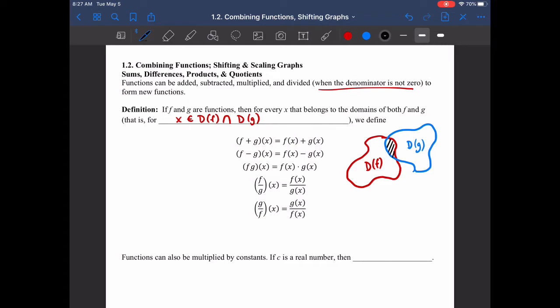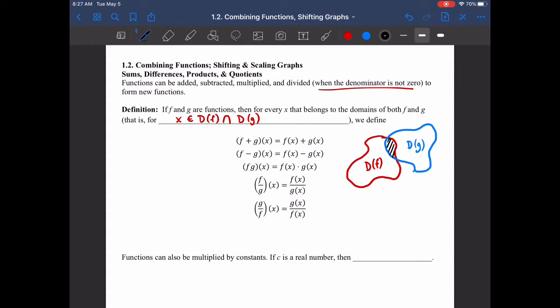It's going to be where those two things overlap, because if it doesn't work in one, say the domain of f excludes anything that's zero because it has to divide by zero or something like that, well then that means when we combine them together, that's still going to be dividing by zero, and so that still has to be excluded. So we're going to ultimately end up with only the things that both of them can handle. If they both can't handle it, then it's not going to be a part of it.